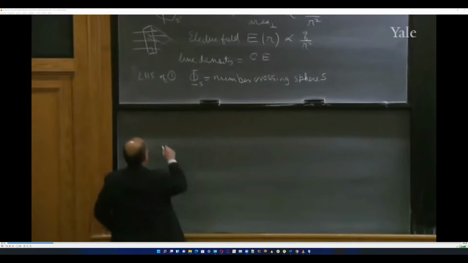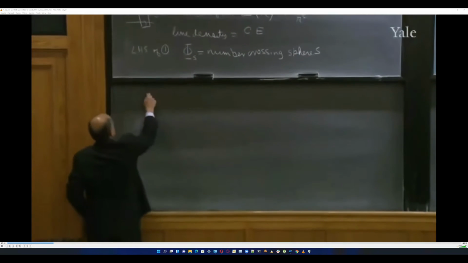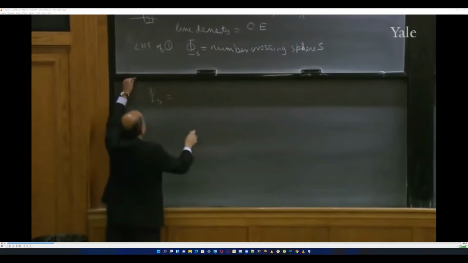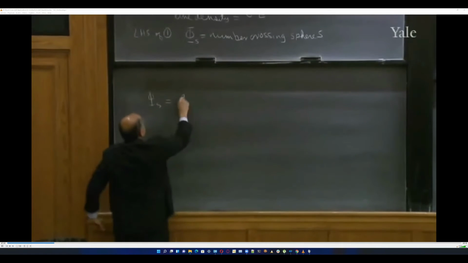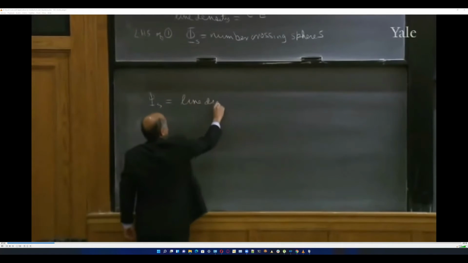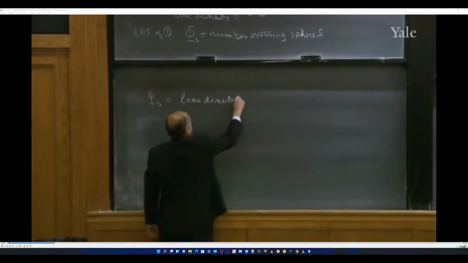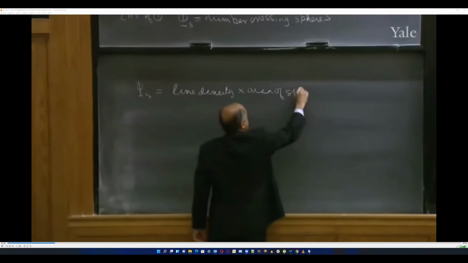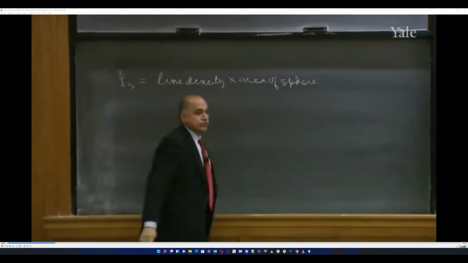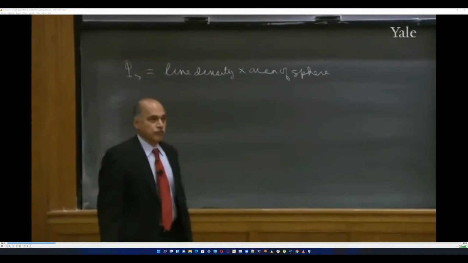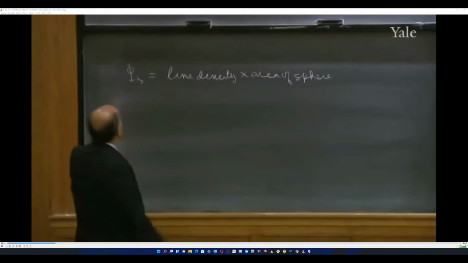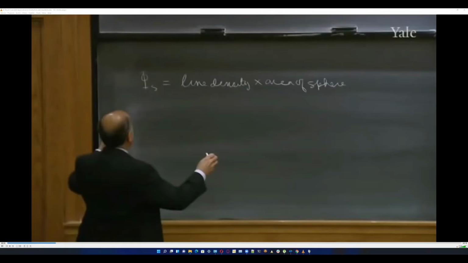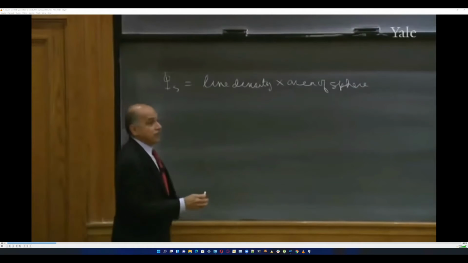Well, phi sub S equals line density times area of sphere. Because on a sphere, the lines are uniform in density, so the total number crossing the sphere is the line density times area of the sphere.